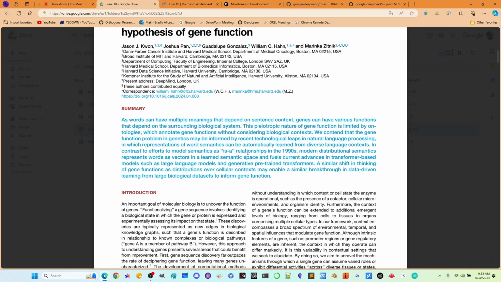A lot of modern bioinformatics relies on this older model of is-a relationships. A lot of the annotations describe a single function, or they just loosely describe the function in terms of it being something. So this is a shift in how to think about this.